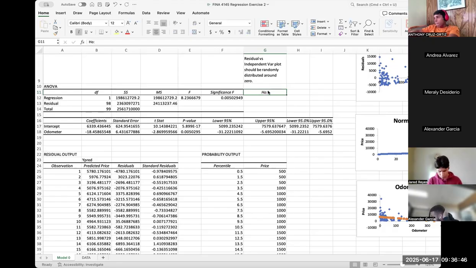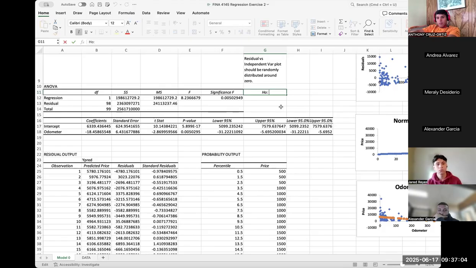So the test is to check that the estimates of the mean, or the coefficients, are not zero.